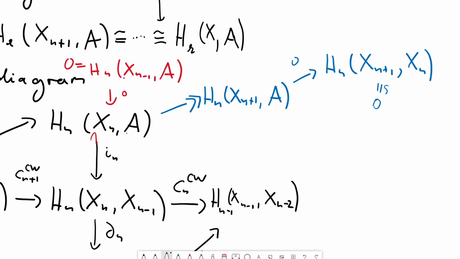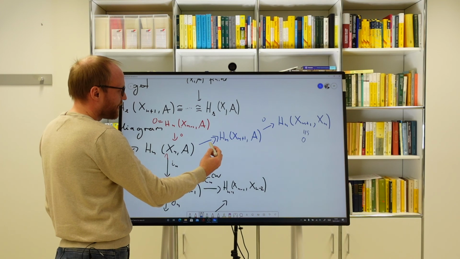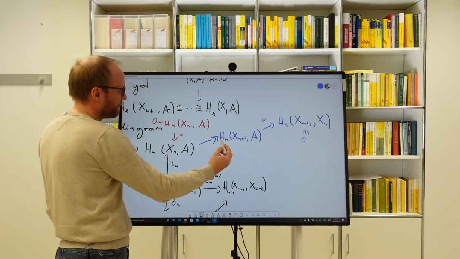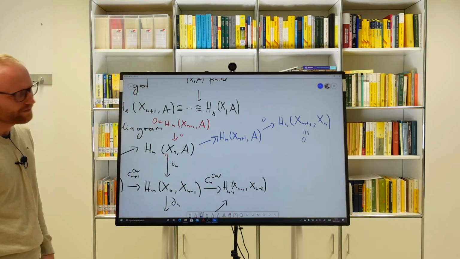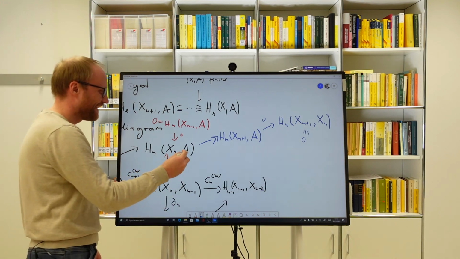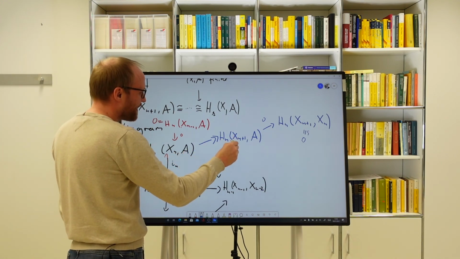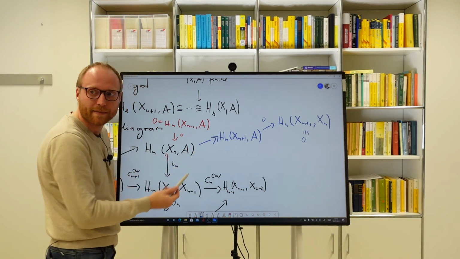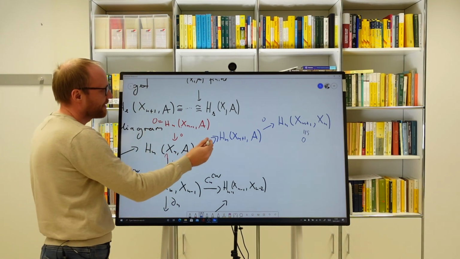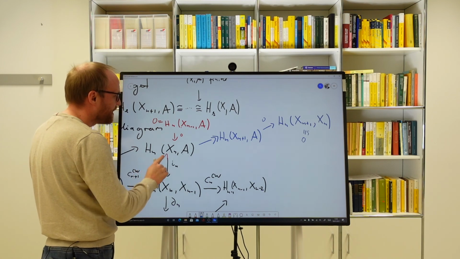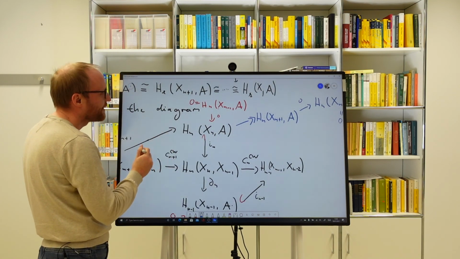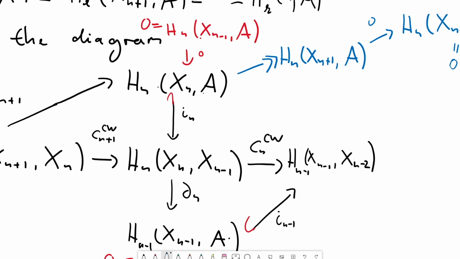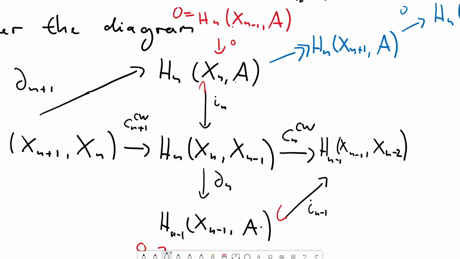So we've got a surjective homomorphism. A surjective homomorphism implies by the Noether isomorphism theorems that this group is isomorphic to this group modulo the kernel of this homomorphism. But by exactness, the kernel of this homomorphism is the image of this homomorphism. So what I really get is this object divided by the image, and this is precisely by definition the co-kernel of dn plus 1.